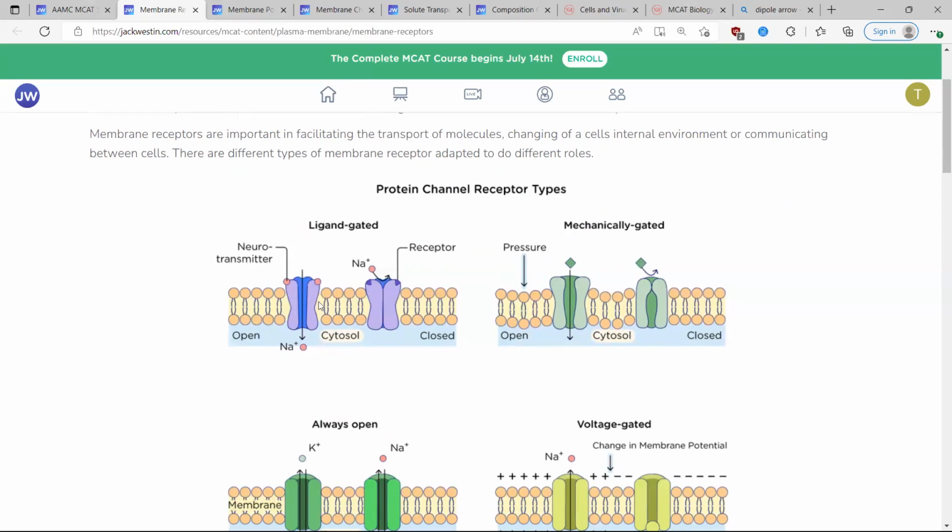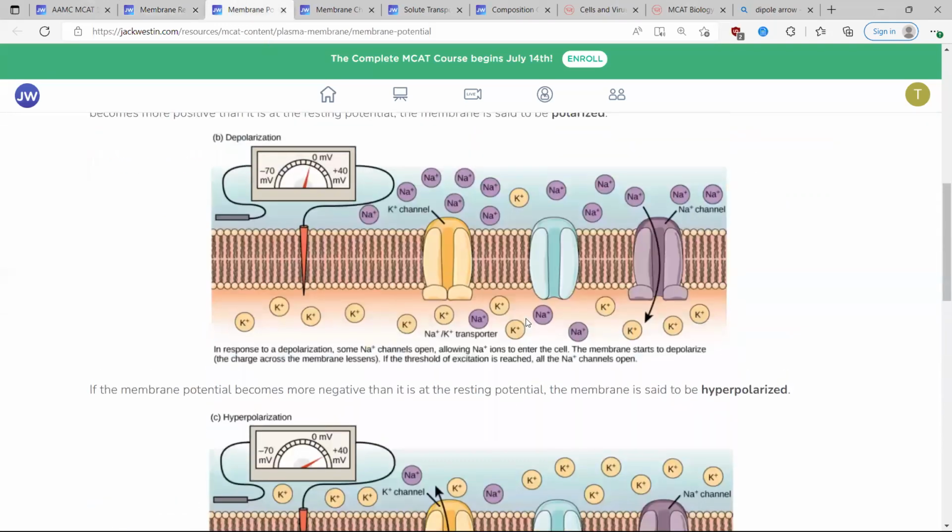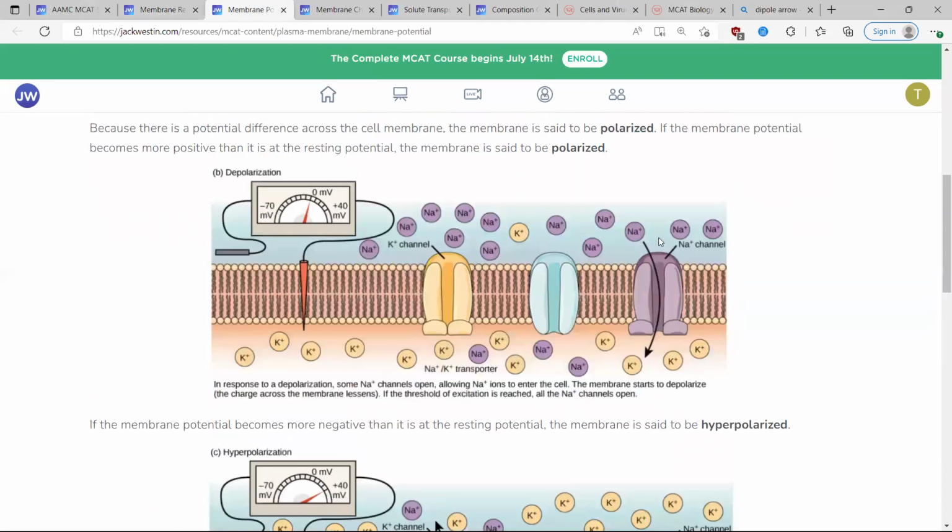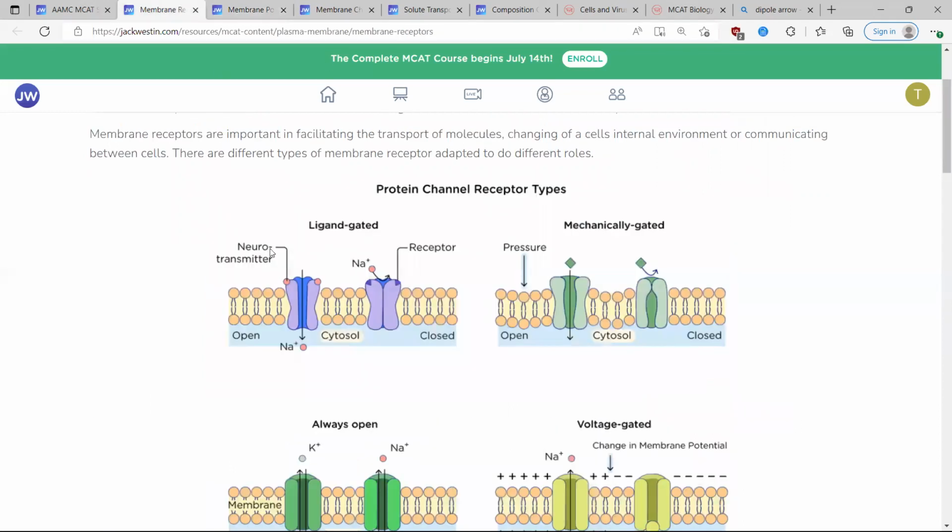What happens when sodium is allowed to come in? An action potential, right? So we can start seeing how these things are all linked together. You just need the building blocks one at a time to get the full picture. So a neurotransmitter binds and allows sodium to come in, and that is how a neurotransmitter can start an action potential, can start a response through the cells, right? Just a little bit at a time, baby steps.